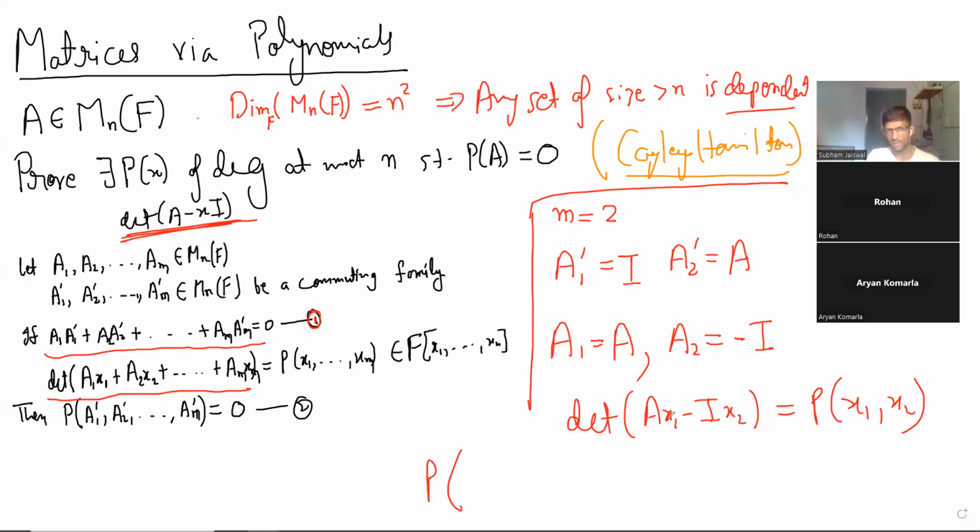So now by the theorem, this is the situation. And now what can we say? We know that p of I comma a is equal to 0. So now we can just take g of x as p of I comma x, and that'll be what we were looking for, like in the original Cayley-Hamilton.